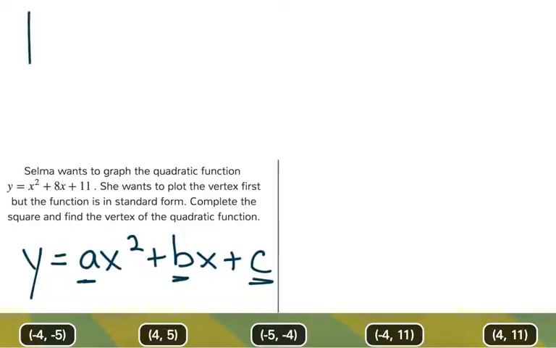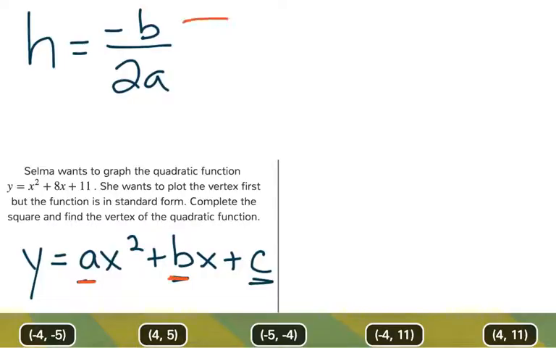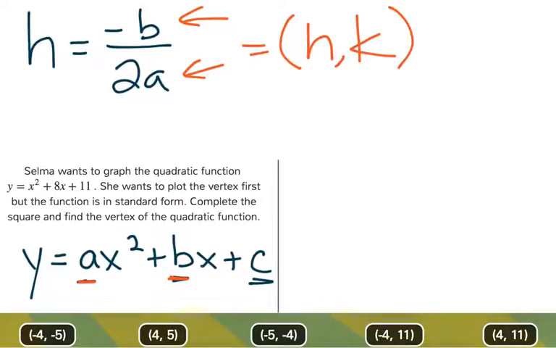And that formula is h equals negative b divided by 2a. So same thing, you're just pulling the a and b here, you're plugging them into this formula, and this gives you the x coordinate of your vertex. So remember, we call the vertex (h, k). The x coordinate is the h and the y coordinate is the k. So if you plug those in, you can find it.